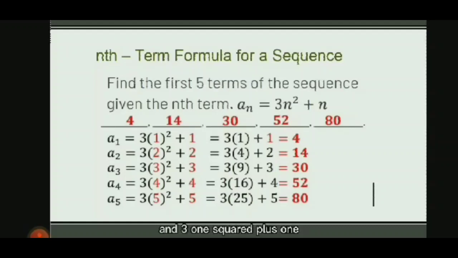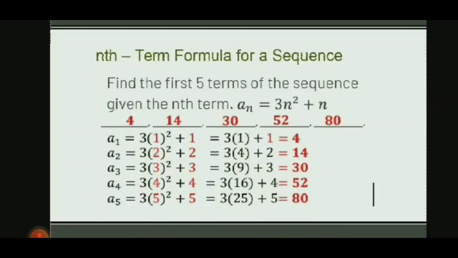3 times 1 squared plus 1, and we will first solve the parentheses. So 1 times 1 is 1, times 3 is 3, plus 1 equals 4. So our first term is correct, and we will proceed to the second term.